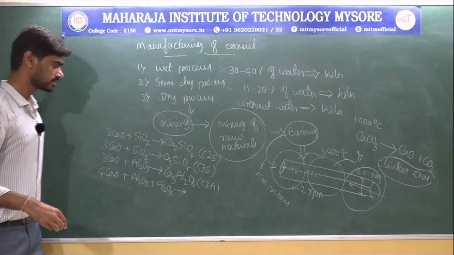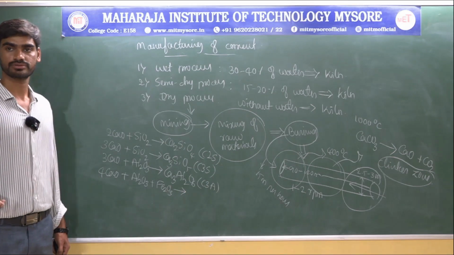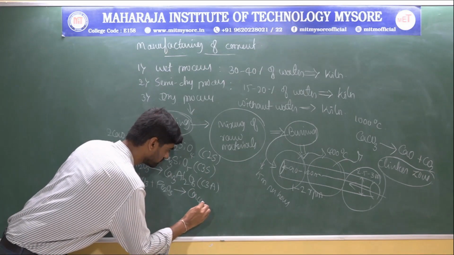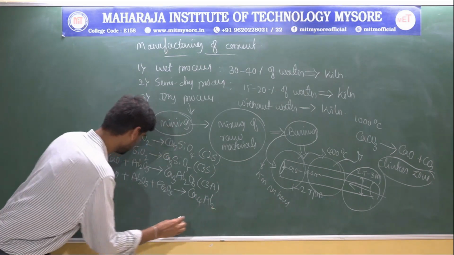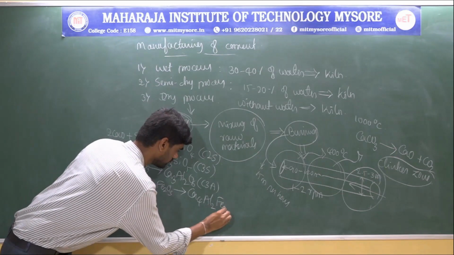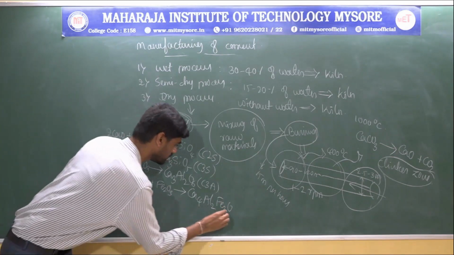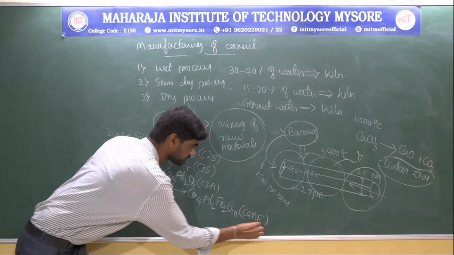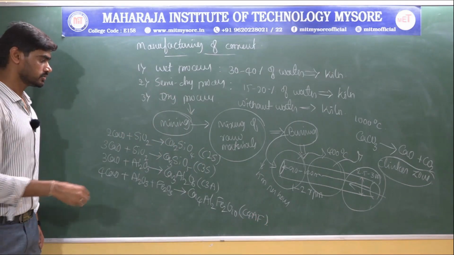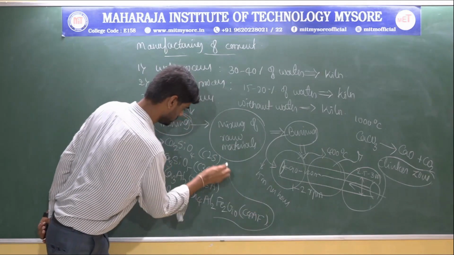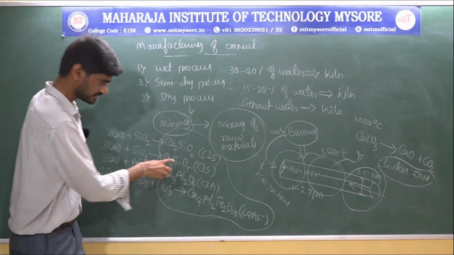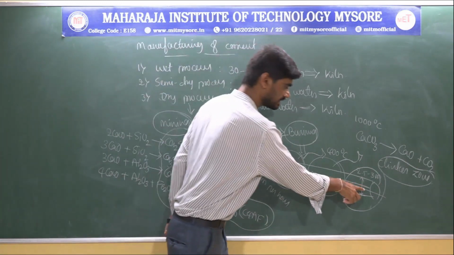The chemical composition of C4AF is Ca4Al2Fe2O10. This is represented by C4AF. These components are formed at the clinker zone.